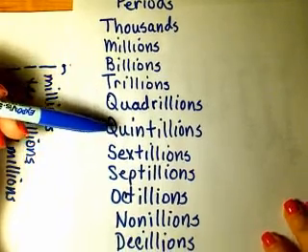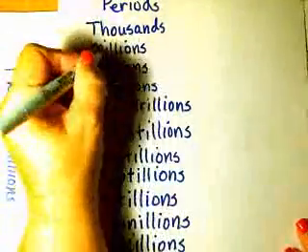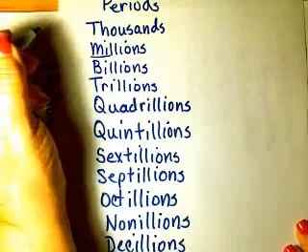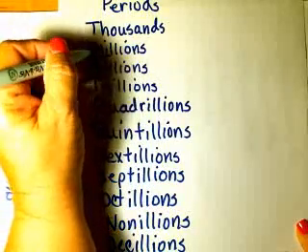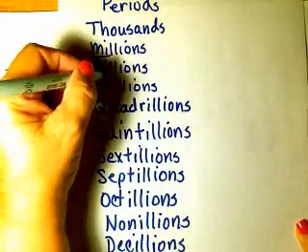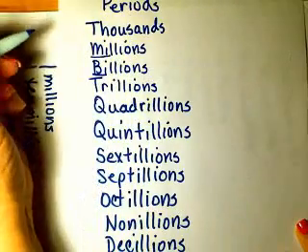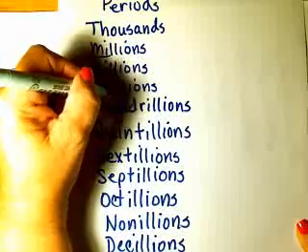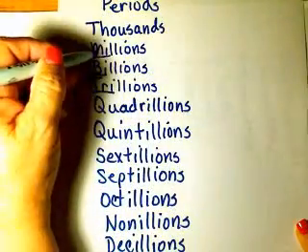Now, the easiest way to remember is that most of these names use a prefix for a number. So if you think about where these fall in terms of millions, bi, that's your second one. Tri is your third one after millions.